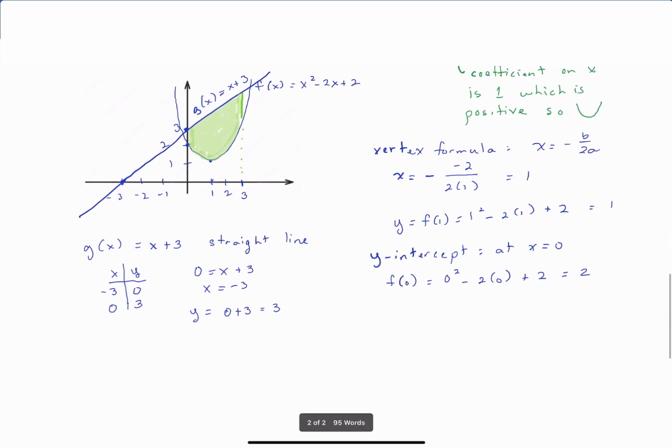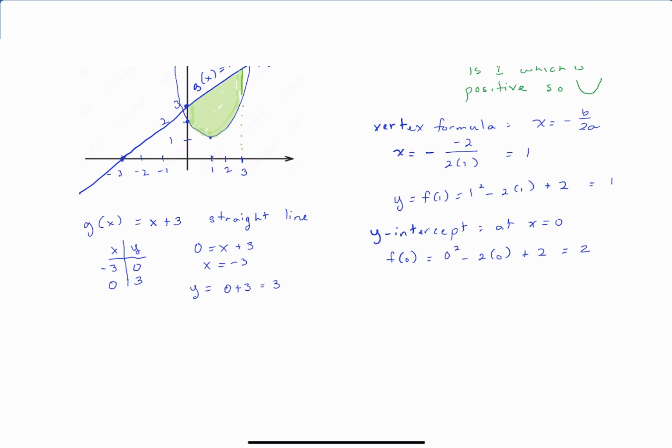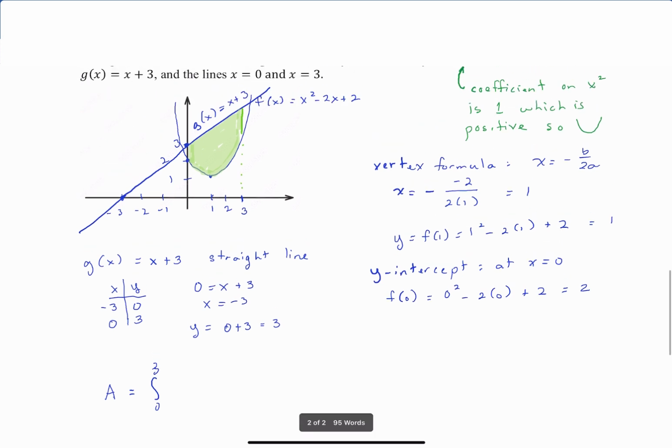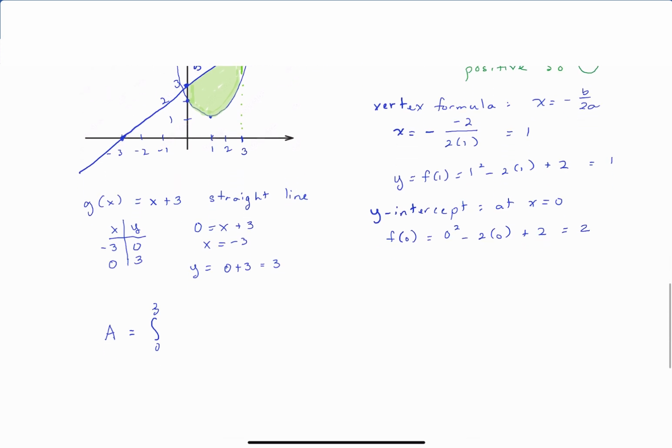Now we can set up our definite integral. So the area will be the definite integral from 0 to 3 of the curve on top, which in this case is called g of x, minus the curve below, which in this case is called f of x.